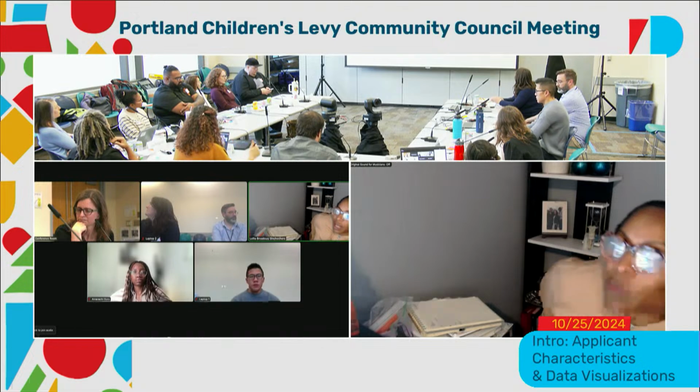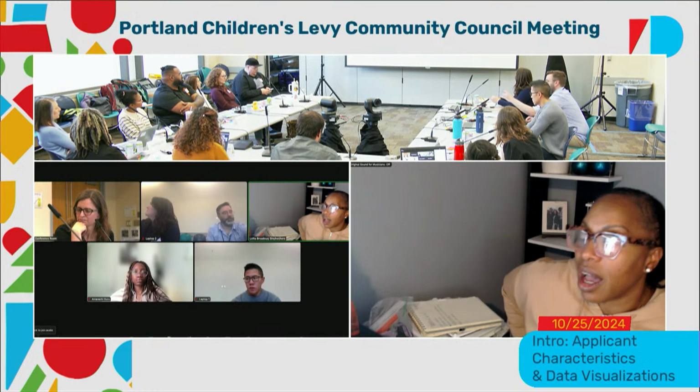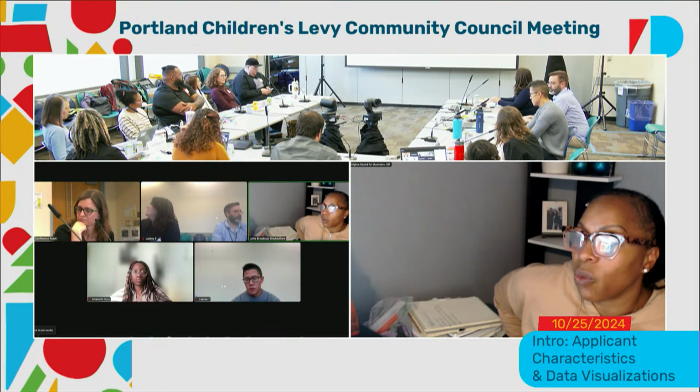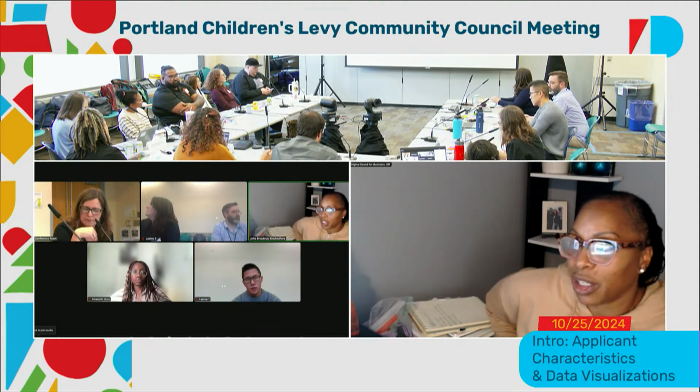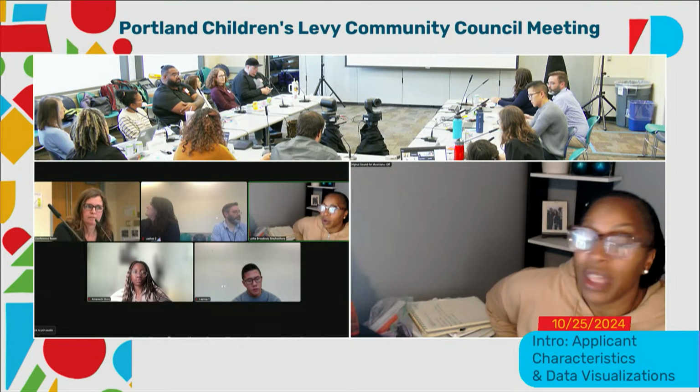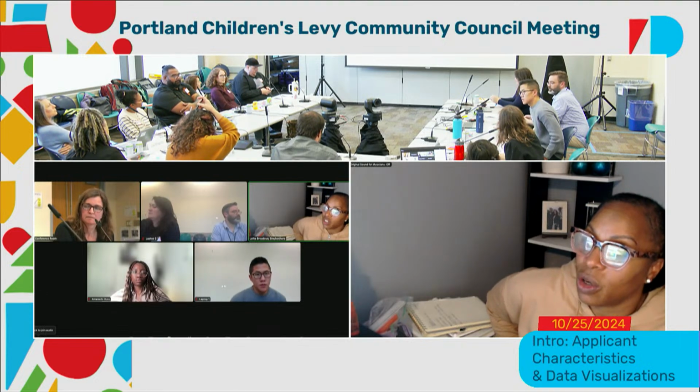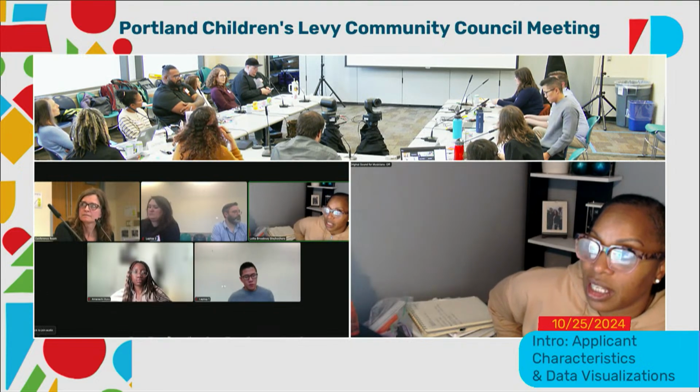I was just trying to think, what is the goal for a person to learn from this particular graph, or the objective here, just to show this is the money that they requested.